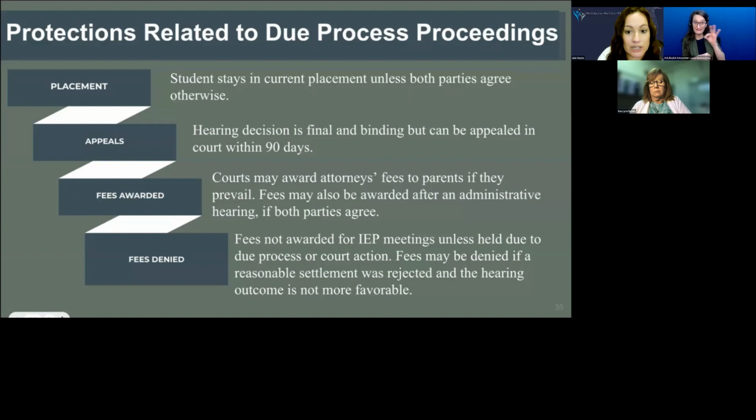Fees may also be awarded after an administrative hearing if both parties agree. Fees denied. Fees not awarded for IEP meetings unless held due to due process or court action. Fees may be denied if a reasonable settlement was rejected and the hearing outcome is not more favorable, excuse me.